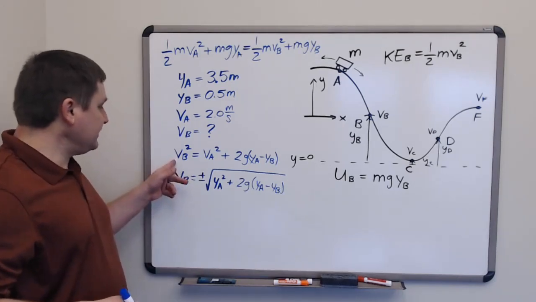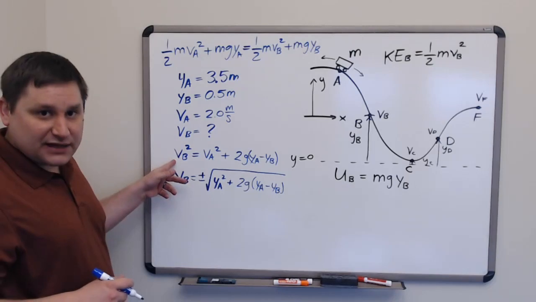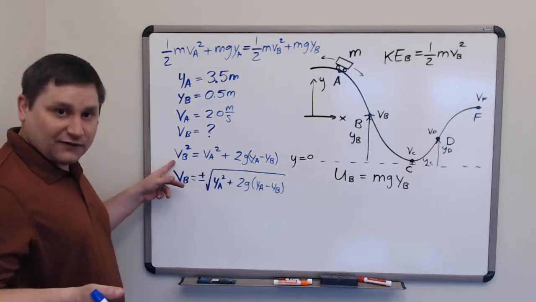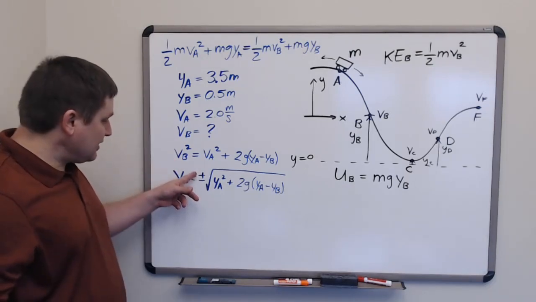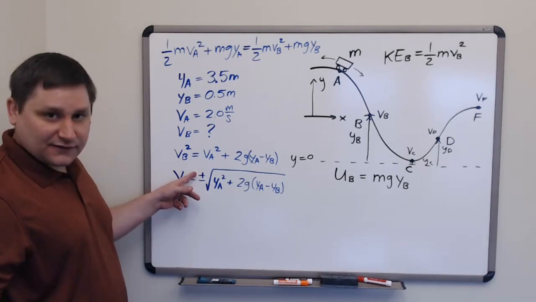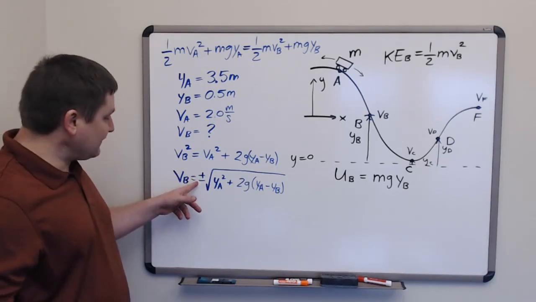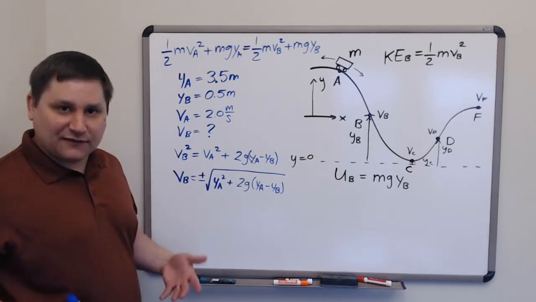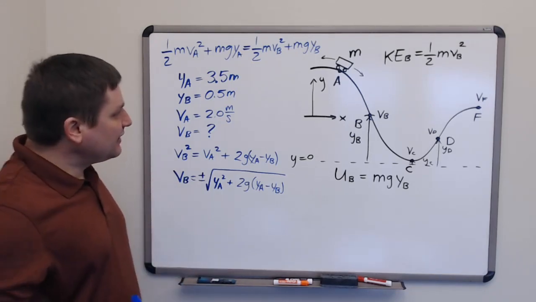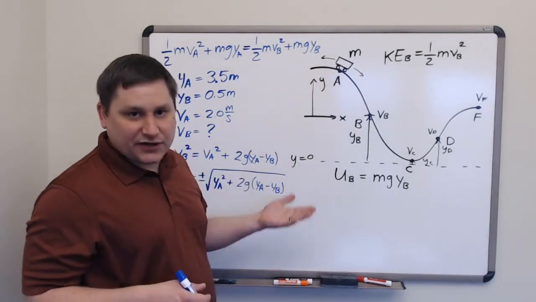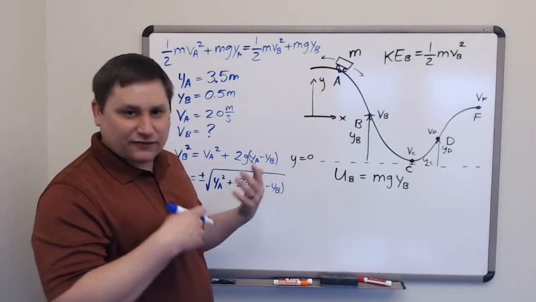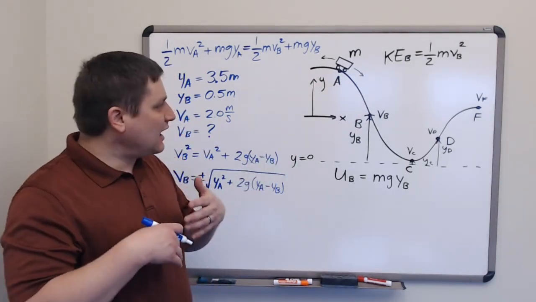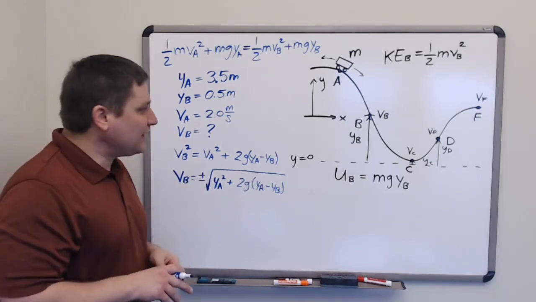This formula only tells me what the square of vB should be to conserve energy. So it could be a positive answer for this speed, or a negative answer for the speed. That reflects a general property of conservation of energy problems, that they only relate two points to each other. They don't tell you really about the direction that the motion goes, how long it takes, or things like that.